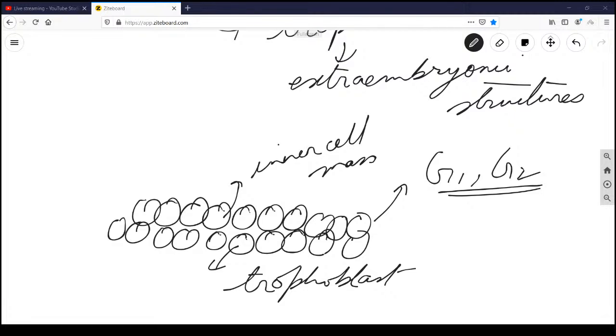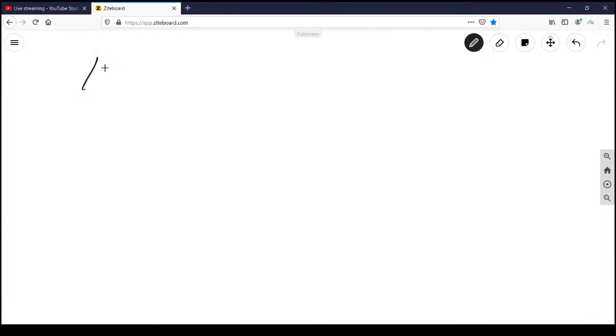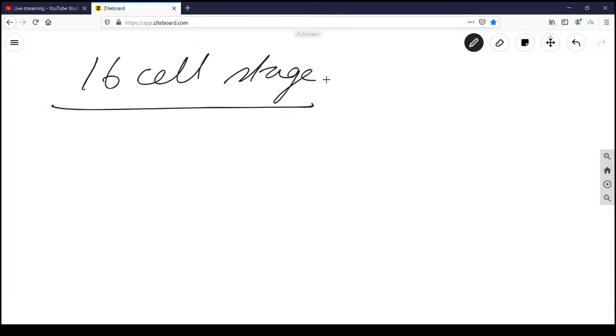Regardless of what happens, when you have reached the 16 cell stage, simply known as the morula stage, then we'll be having the parental imprinting which we have talked about.